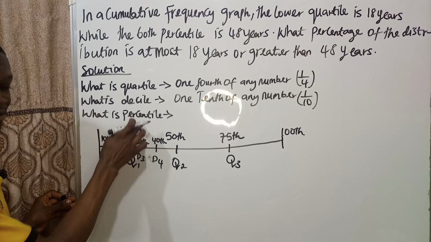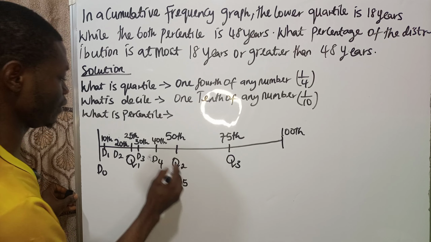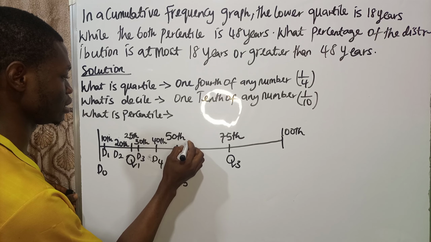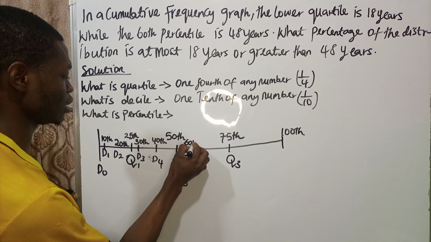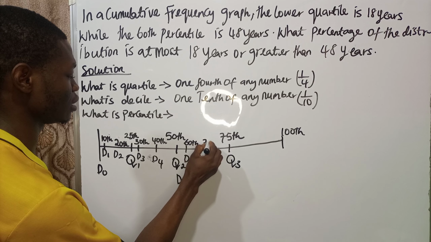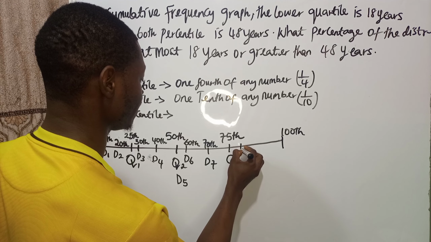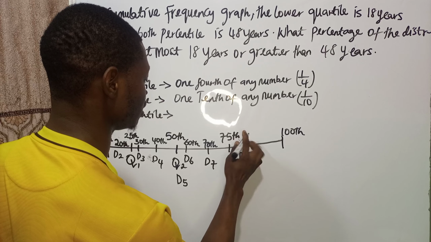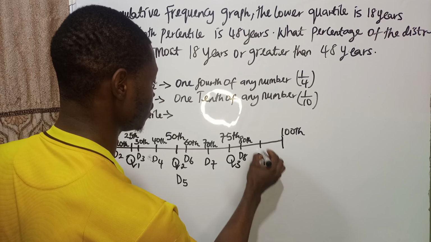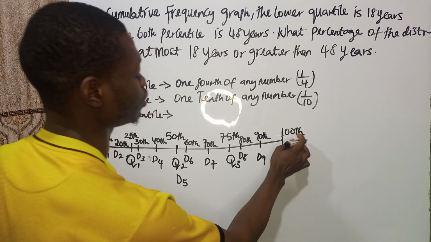The 40th percentile. Now this one is D5 automatically, this one will be D6, the 60th, then D7, the 70th, D8, the 80th, D9, the 90th, then D10, the 100th.